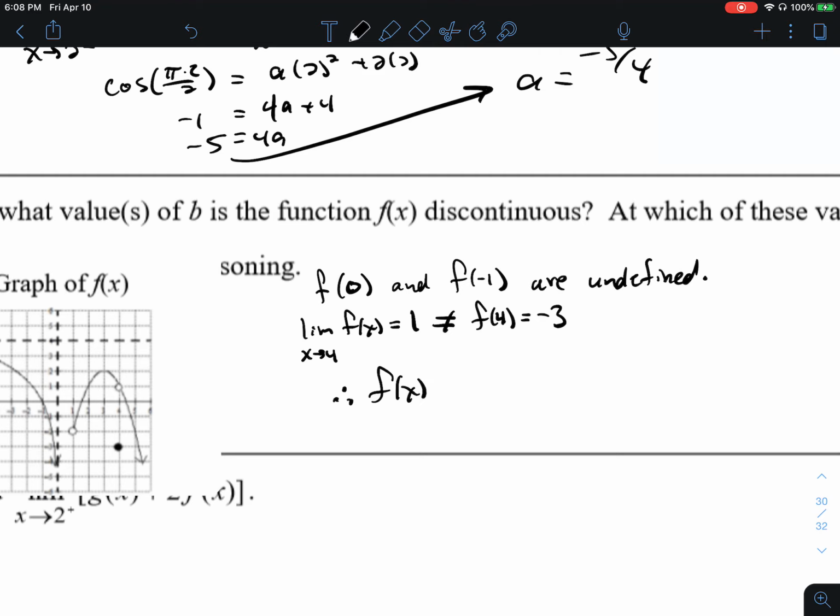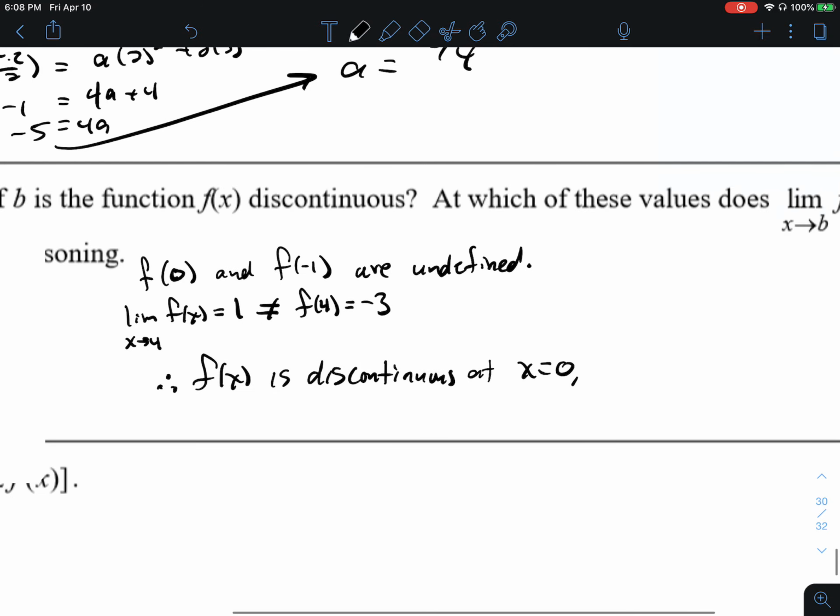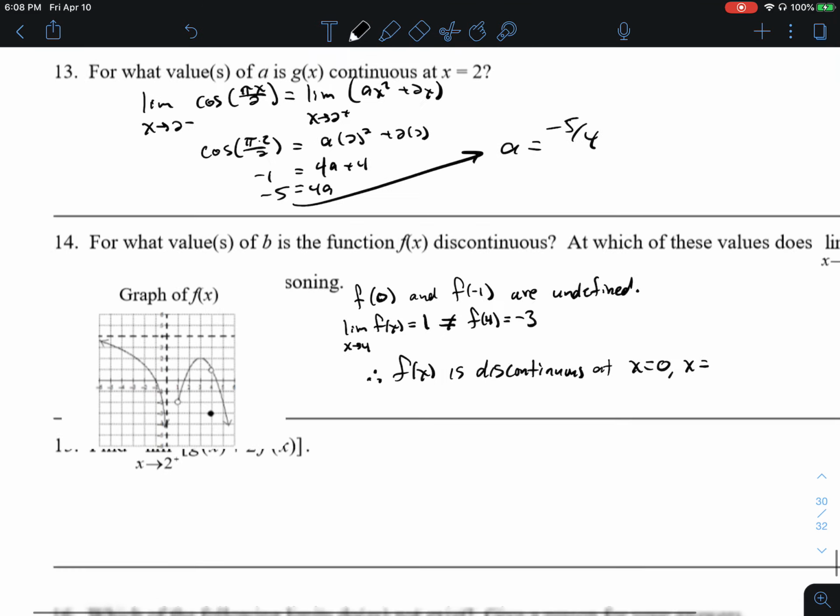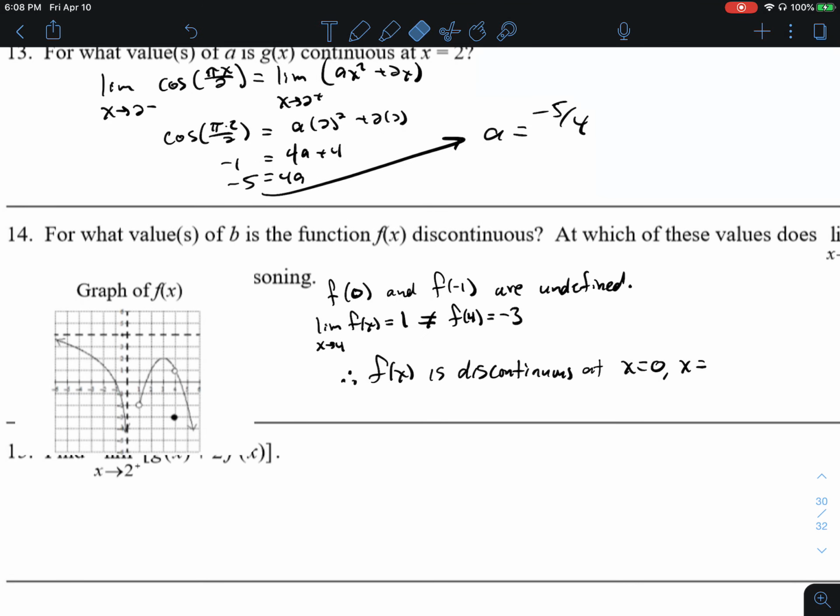Therefore, f of x is discontinuous at x equals 0, x equals, I wrote -1 up here, I'm sorry, it's +1. +1, +1. And x equals 4.